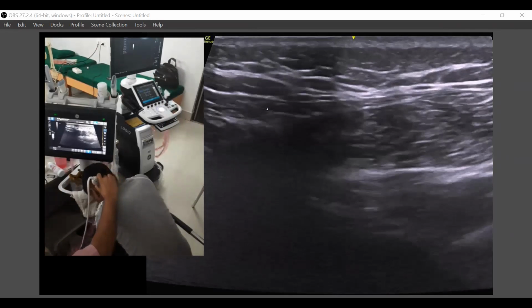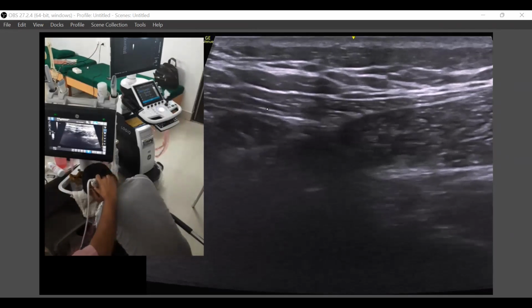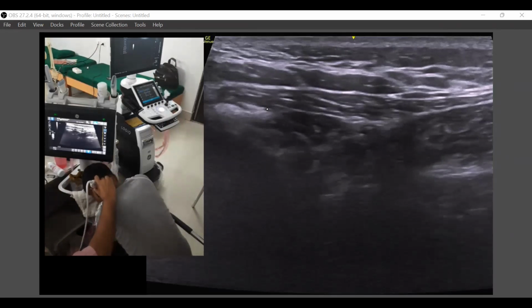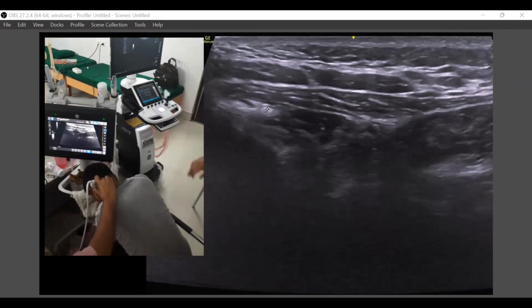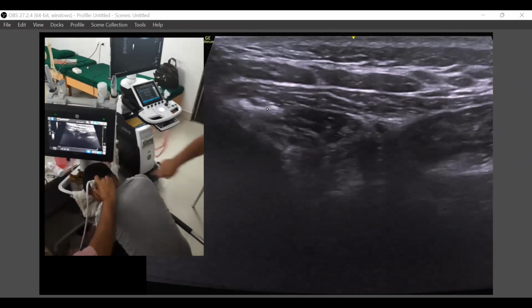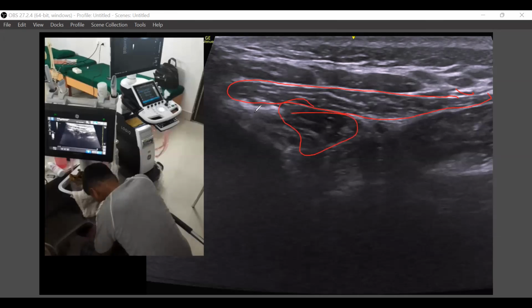If I'm still going laterally, on the lateral side we can see the splenius capitis. Whole of this is your splenius capitis, and below that is your longissimus, and this was your semispinalis capitis.